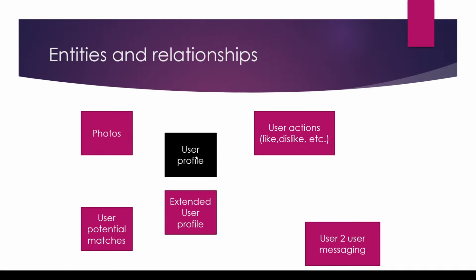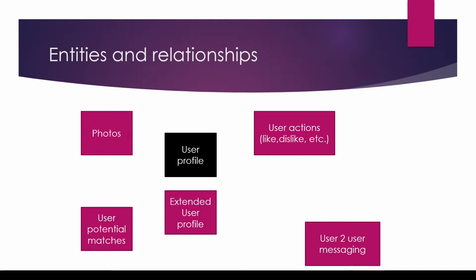So the user profile, the extended user profile, and photos are all based on one user. The user potential matches and the user actions are based on a user to user link. So it would have both user one and user two, and the action user one performs on user two. If user two performs another action on user one, then we would store it as another row.